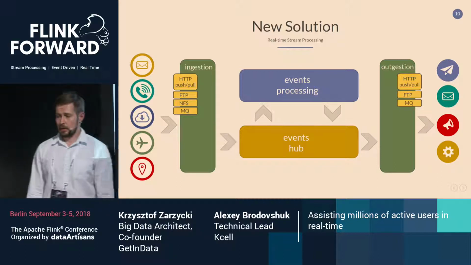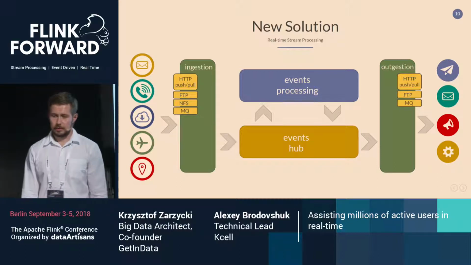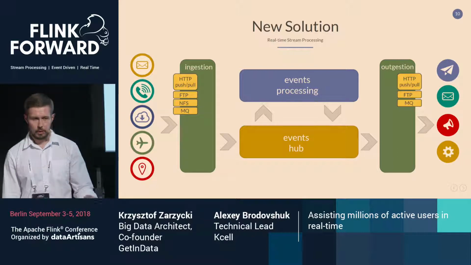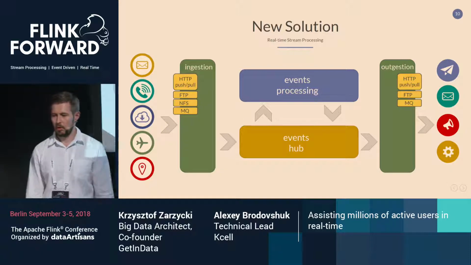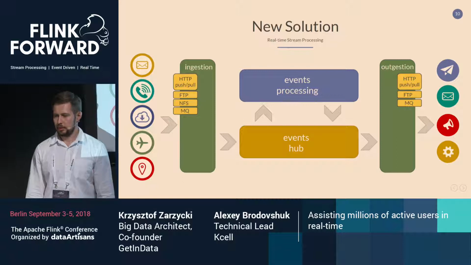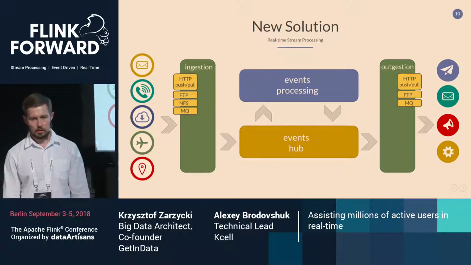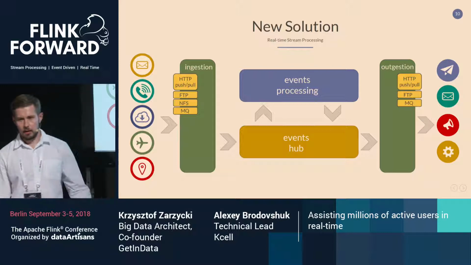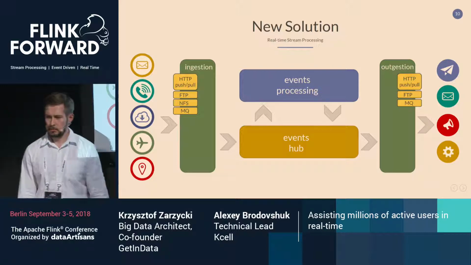As you can see, there are a few main parts. It's the ingestion component where we get all our events from various data sources through so many protocols, like HTTP, FTP, external storages, message queues, and so on.